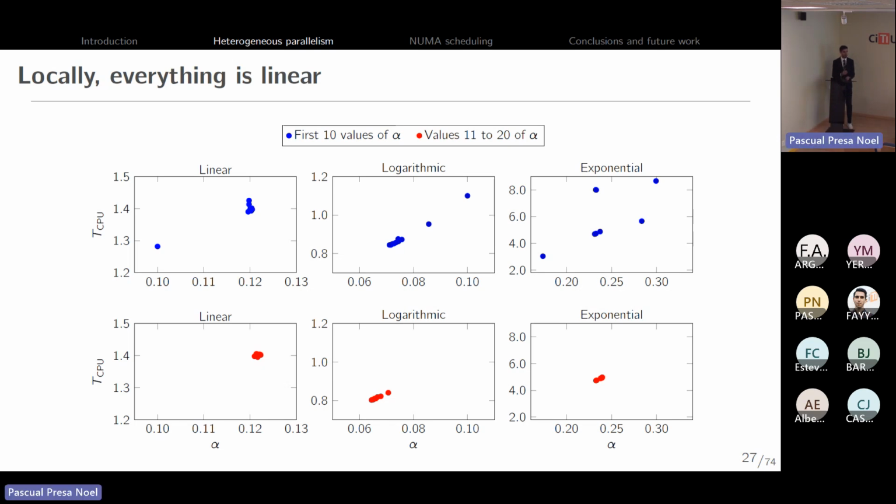That's because once we converge to a quite good value of alpha, that region can be approximated linearly. So it's very difficult to say, for example, if this behavior corresponds to a linear, logarithmic, or exponential workload. So approximating that linearly works well enough.